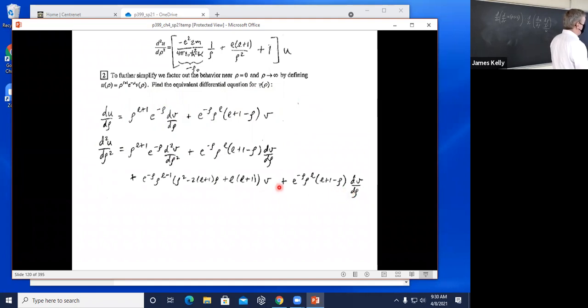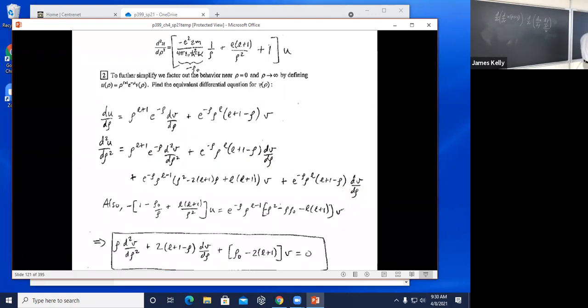I've got a v term, which I can try to simplify. I've got two dv d rho terms, which I can try to combine together and simplify. And I've got one d squared v d rho squared term. Okay, so you have to do a little bit of work there. When you do that, you can put those together up here and write that in for what d squared u d rho squared is.